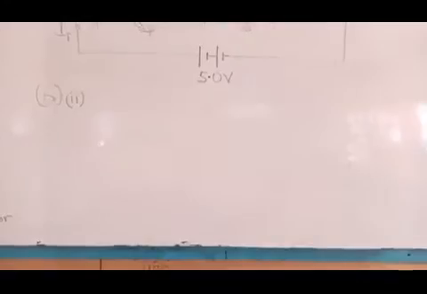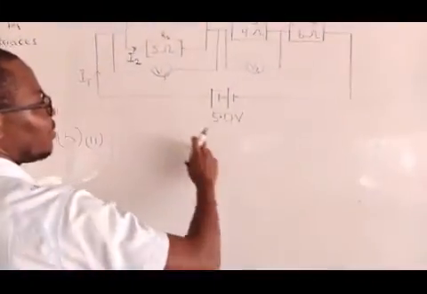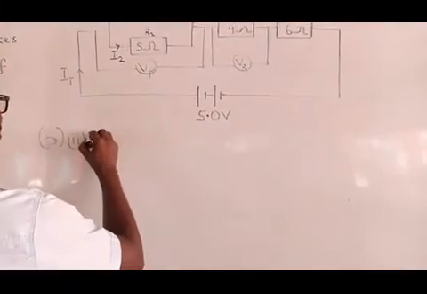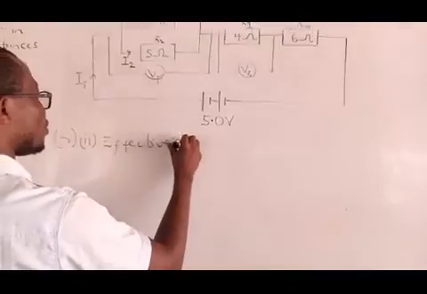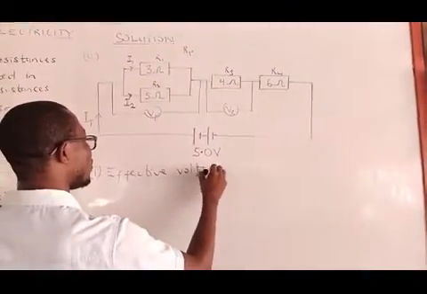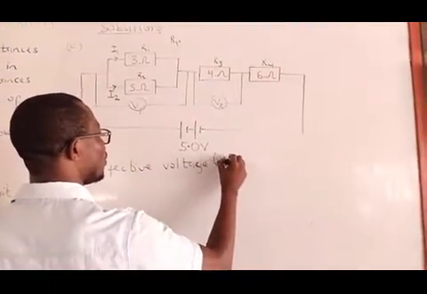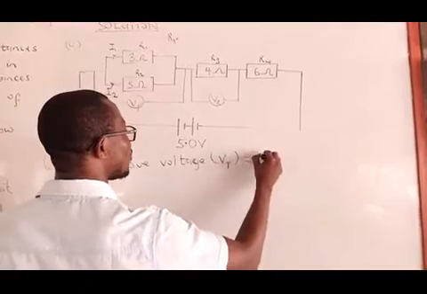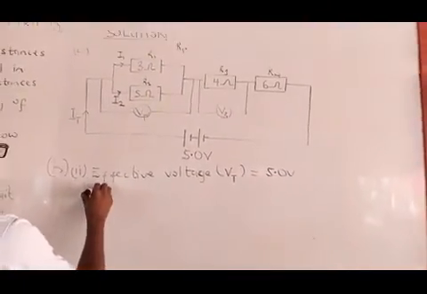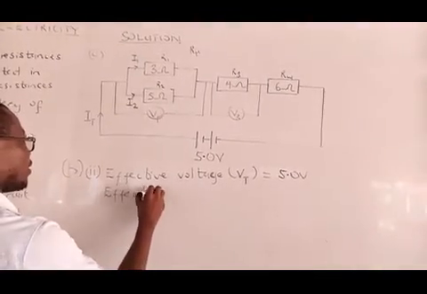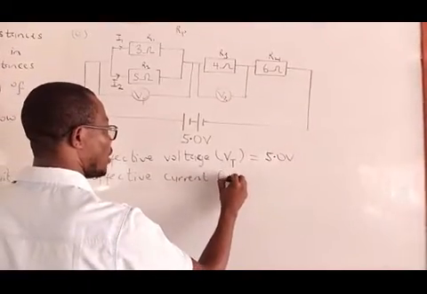We are looking for the effective current in the circuit. From the diagram, the effective voltage is the 5.0 volt. So you have effective voltage DC equal to 5.0 volt, and effective current, that is IT.